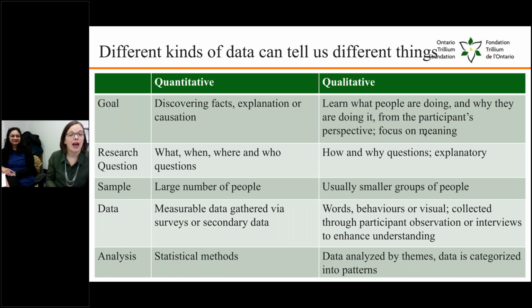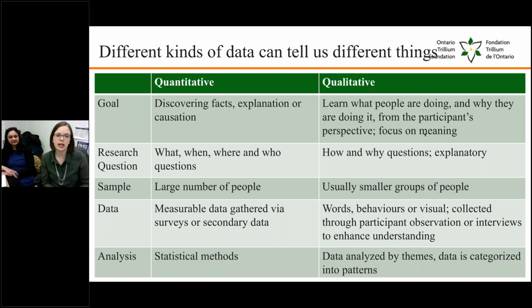They have different goals. Quantitative data is more about discovering facts, and really good if you want to understand causation, if you want to do something like hypothesis testing. Qualitative data is more useful if you want to learn what people are doing and why they're doing it from the participant's perspective. So it's really about expanding on the meaning.